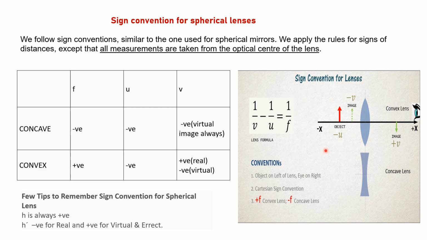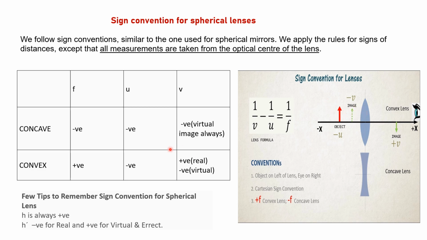Now let's see the summary. In concave lenses, the focal length is negative. In convex lenses, the focal length is positive. The object distance u is always negative, because the position of the object is always on the left-hand side of the lens.